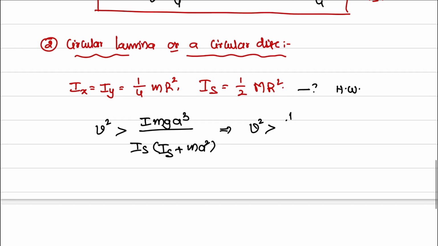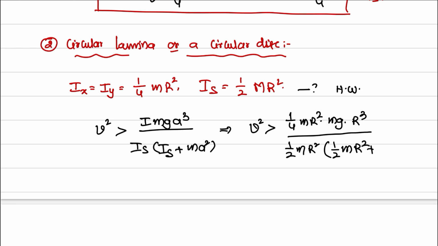That is 1 by 4 m r square into m g into r cube whole divided by Iz, which is half m r square, into half m r square plus m r square.